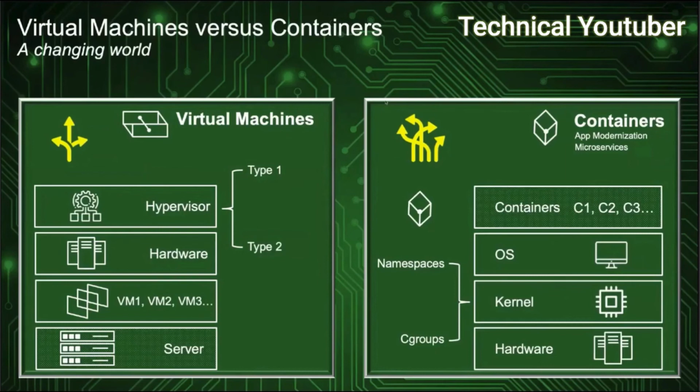Of course, this will depend on the use cases involved. Remember, virtual machines were created for servers and containers were created for lightweight data portability. They are different things and they have different strengths.